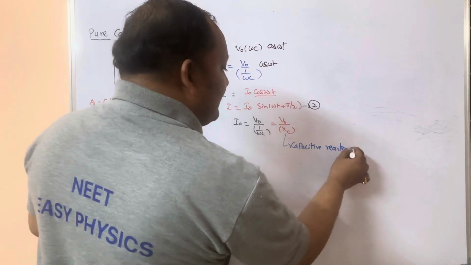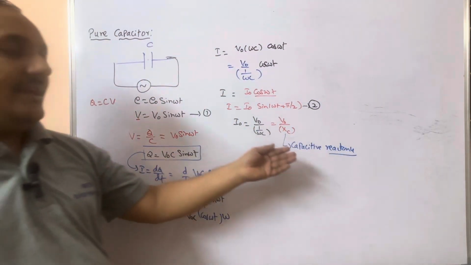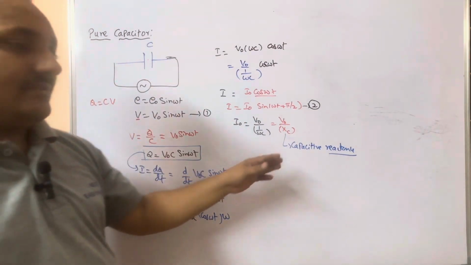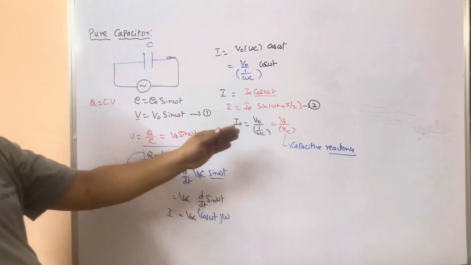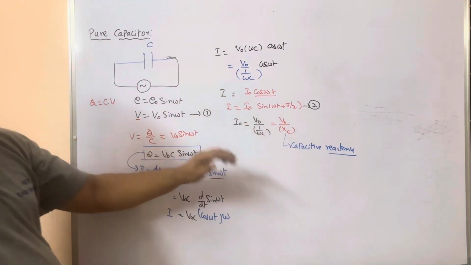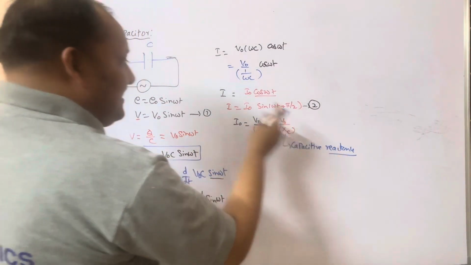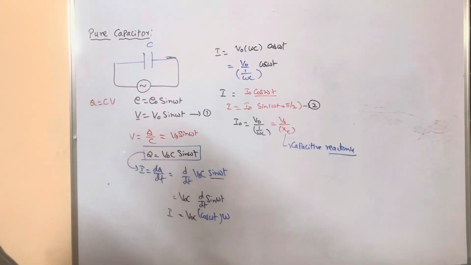Reactance is also resistance, but we call it differently because this is offering resistance to alternating current. Friction and viscosity are the same kind of thing: friction we say for objects, viscosity for fluids. Same like that, reactance for alternating current, resistance for direct current.